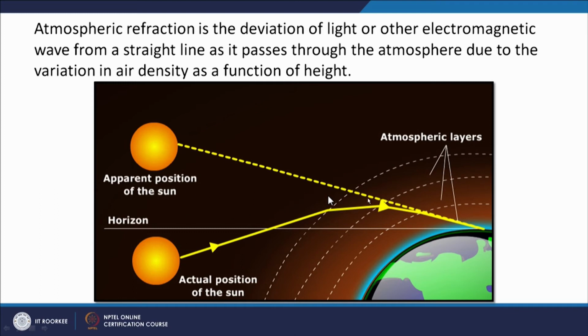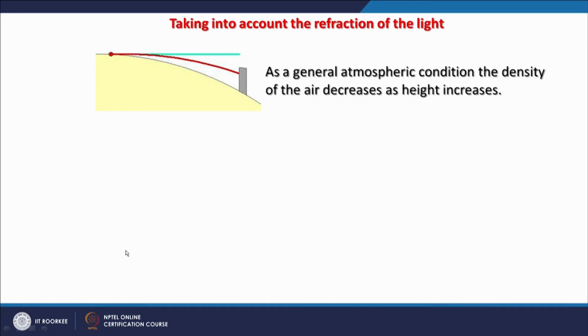Same way in Viewshed analysis, instead of getting the actual position, we get the target position, the apparent position, something like this. So, atmospheric refraction is the deviation of light or other electromagnetic waves from a straight line as it passes through the atmosphere due to variation in air density as a function of height. So, when it passes through different layers, it bends and the position is somewhere else.